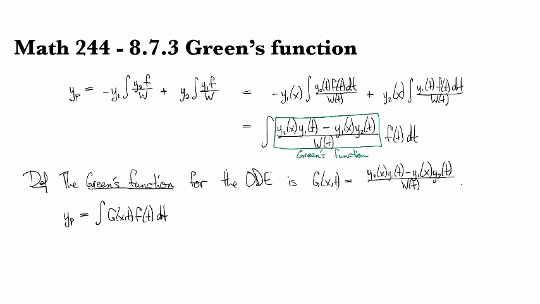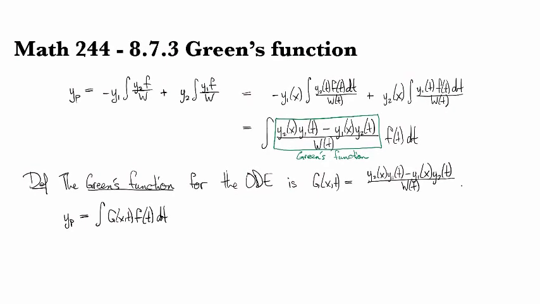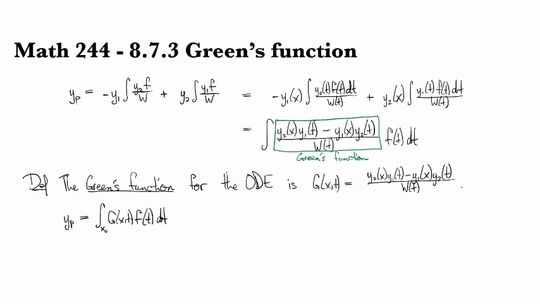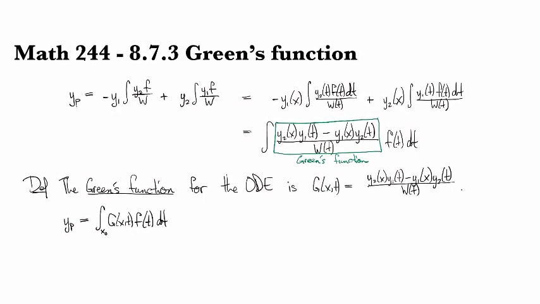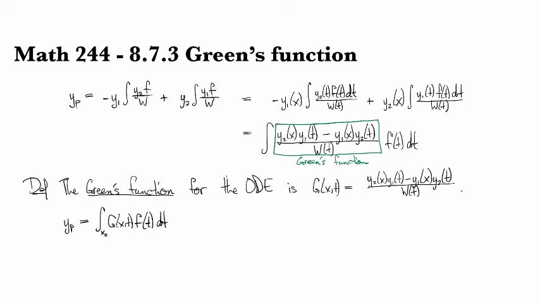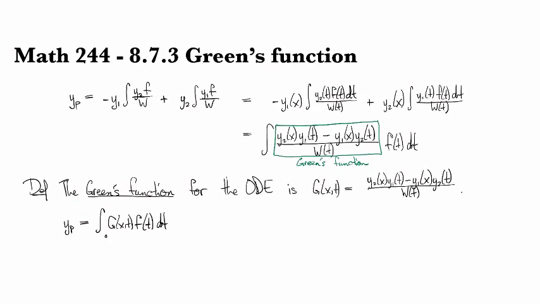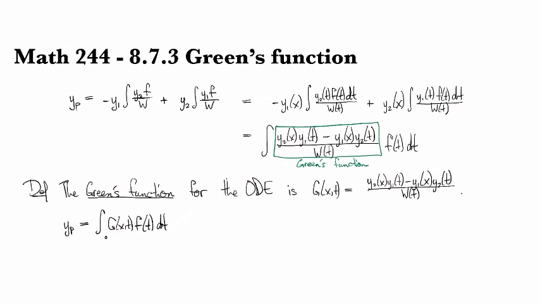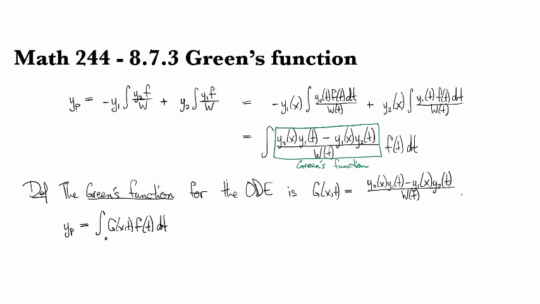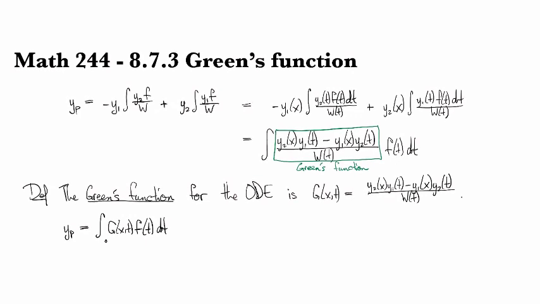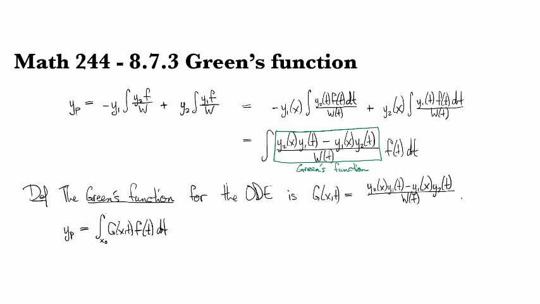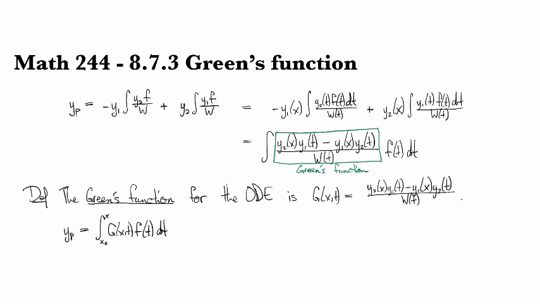So if there's an initial condition given at time x naught, this would be the integral from, sorry, x naught up to x. There we go.